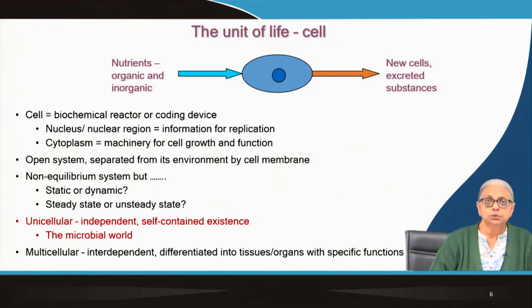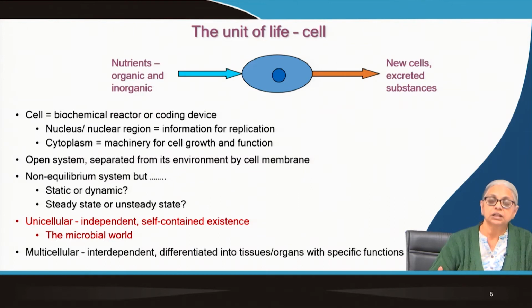Let us now come to something that you probably already know, but it's worth reviewing, and that is the unit of life. You have studied at some point in your school education that the unit of life is a cell. Now, we in microbiology are going to restrict ourselves to unicellular organisms, and as I defined in the very first part, these unicellular organisms, unlike us, higher organisms, they can live an independent existence.